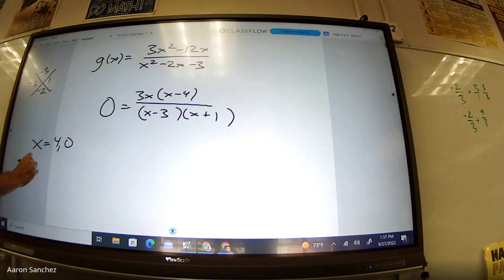What are my vertical asymptotes? 3 and -1. That's my vertical asymptotes. You have to label that, right? Those are my zeros. What's my horizontal asymptote?